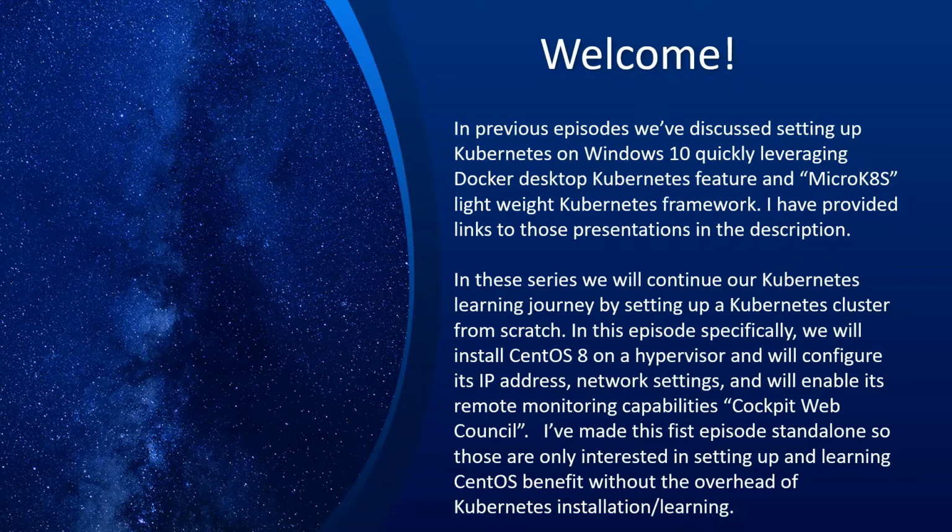In this series, starting today, we will continue our Kubernetes journey by setting up a Kubernetes cluster from scratch. In this episode specifically, we will install CentOS 8 on a hypervisor, and we will configure its IP address, network settings, and we will enable its remote monitoring capabilities known as Cockpit Web Console.